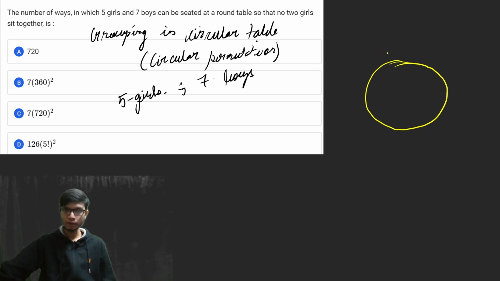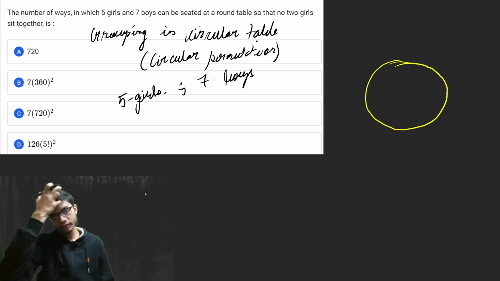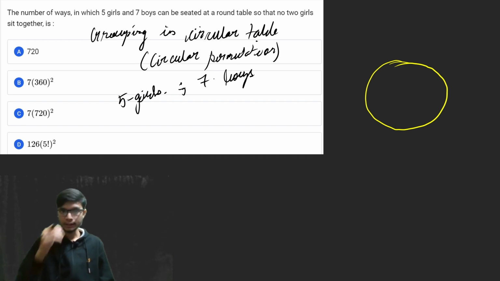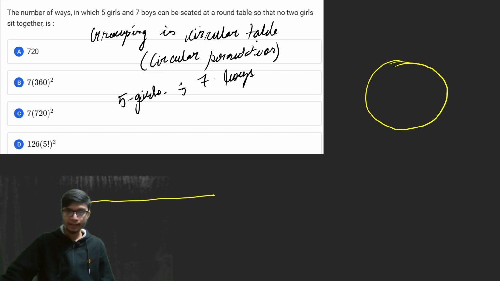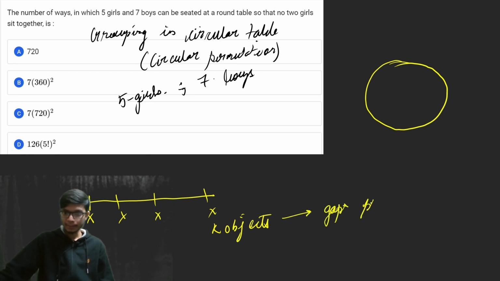If you have the total boys as 7 and total girls as 5, in a question of permutation where no 2 girls sit together, you firstly arrange the boys, and in the gaps of the boys you arrange all the girls. Whenever you have a straight line with k objects, the gaps present are k plus 1.